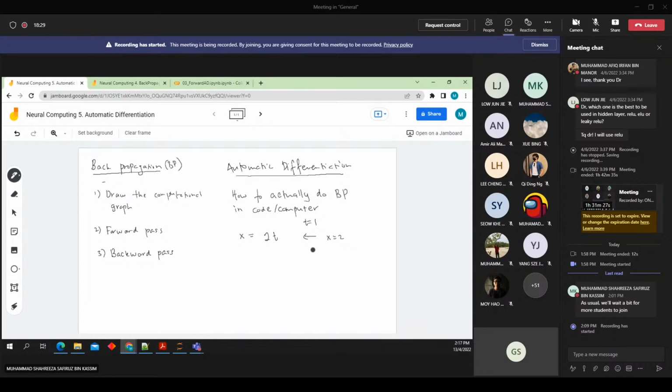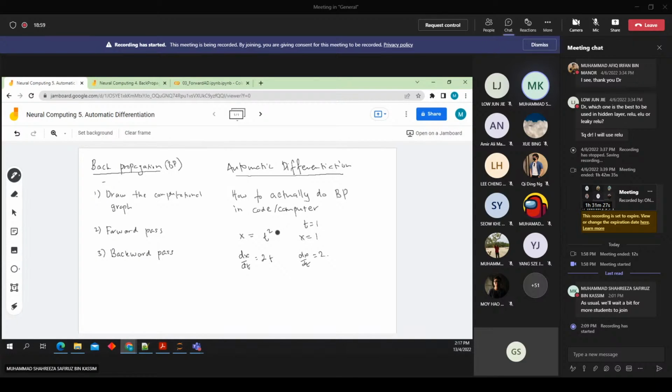And at the same time, we also construct the local gradient, just 2. Okay, 2t is not a good example here, so we'll take t squared. Then dx over dt will be 2t. So t equals 1, x equals 1, dx dt equals 2, right?